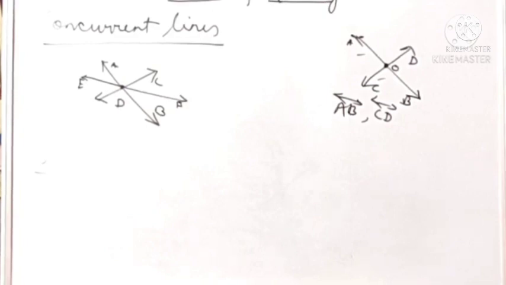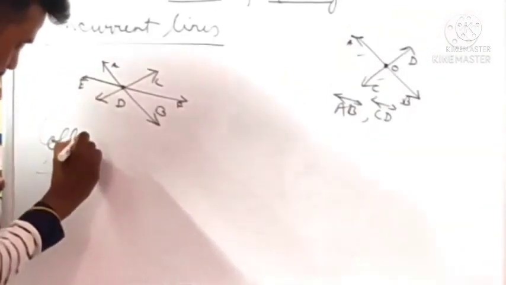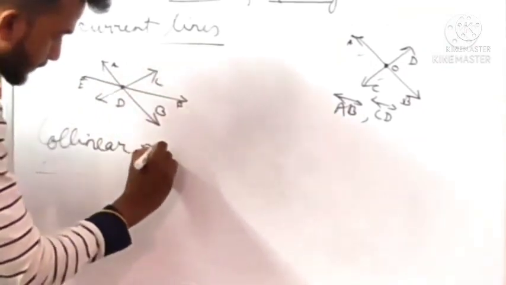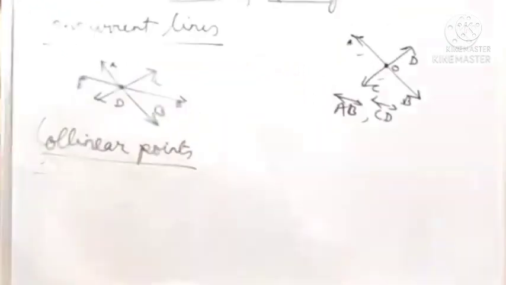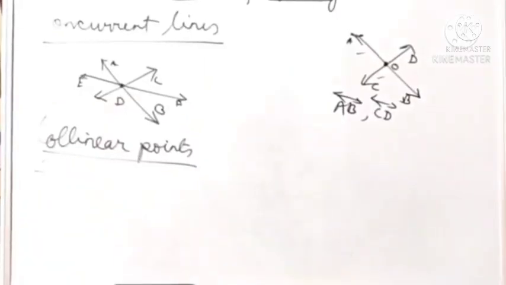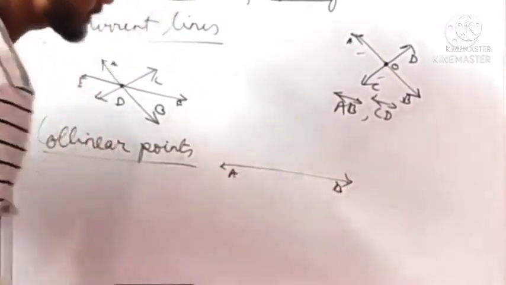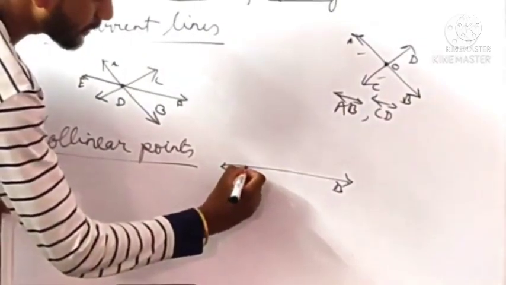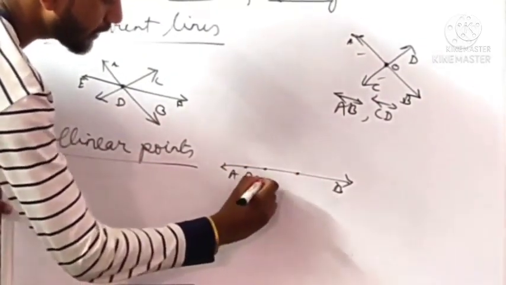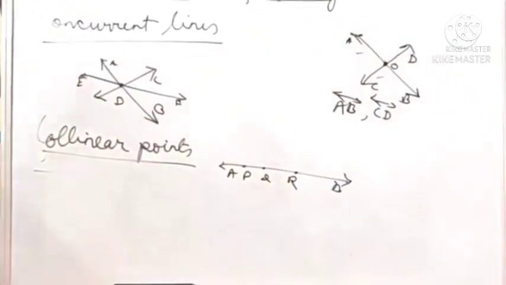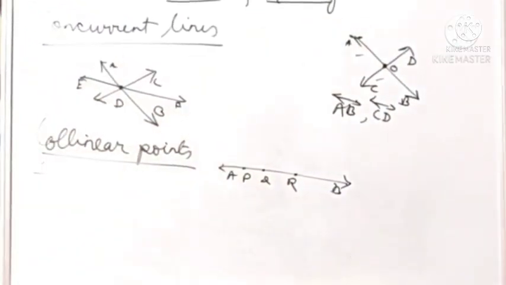The next one that we are going to talk about is collinear points. What are those points? Now what are these collinear points? We have seen many straight lines. Suppose this one is a straight line AB. In a straight line, we know that there will be many points. Suppose P, Q, and R are points on the same straight line AB. So points P, Q, and R will be said as collinear points.